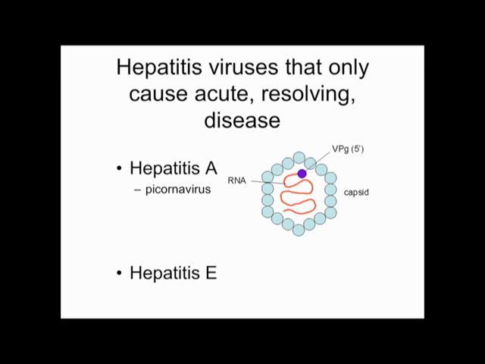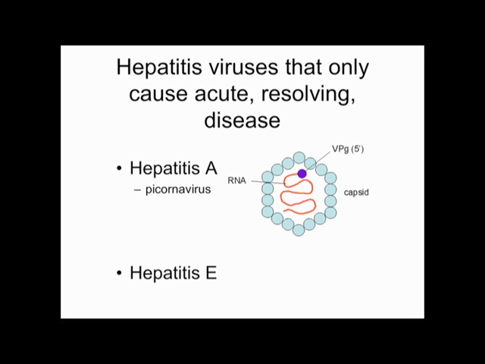So these are simple. There's only one test in two flavors. So think of it as IgM acute, IgG past exposure, resolving. Okay? So the IgG is actually a great test for doing epidemiology and saying how many people in a population ever saw this virus in their lifetime.